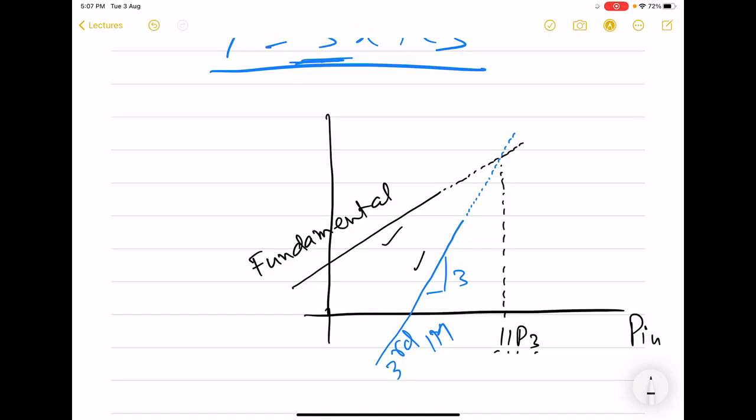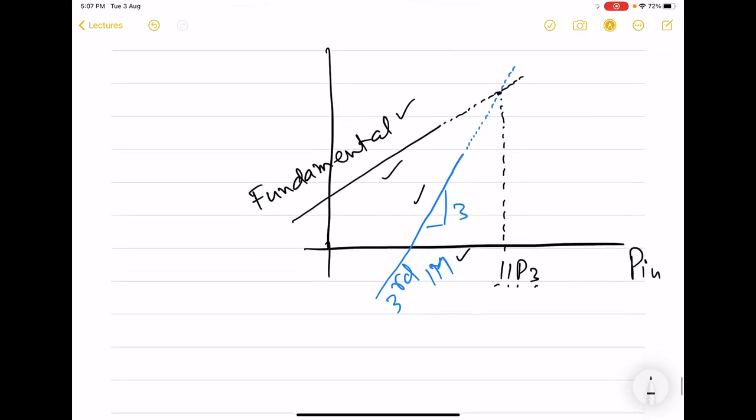Now we would like to estimate what will be this input point. So as you can see, this is the point where the amplitude of the fundamental for small a, or for the ideal case, is equal to the amplitude or the power for the third intermodulation product.